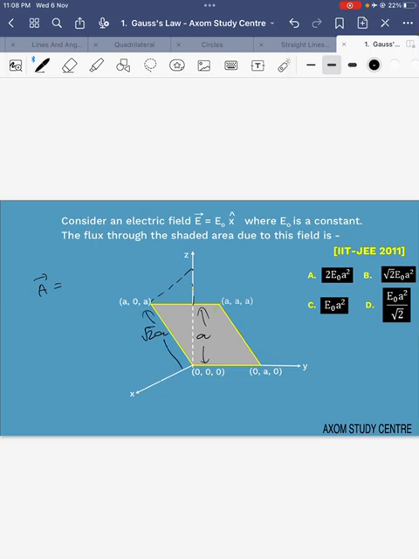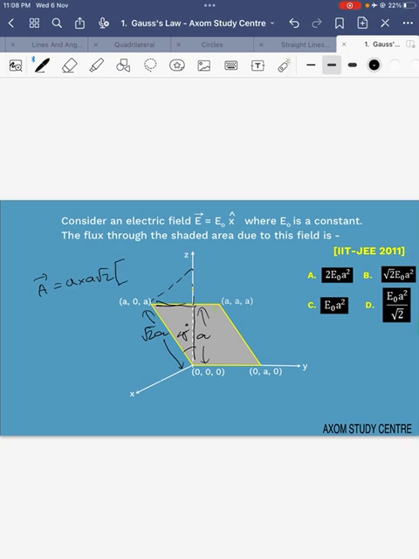If you apply Pythagoras, you will get root 2 a by a. Okay, and some angle here, the angle is 45 degree, and this is a. So the area is root 2 a into a square.